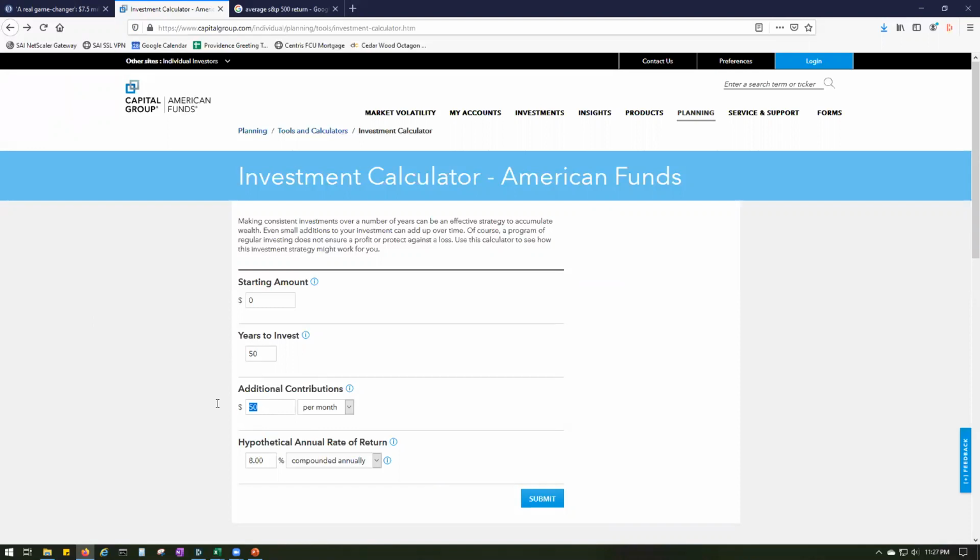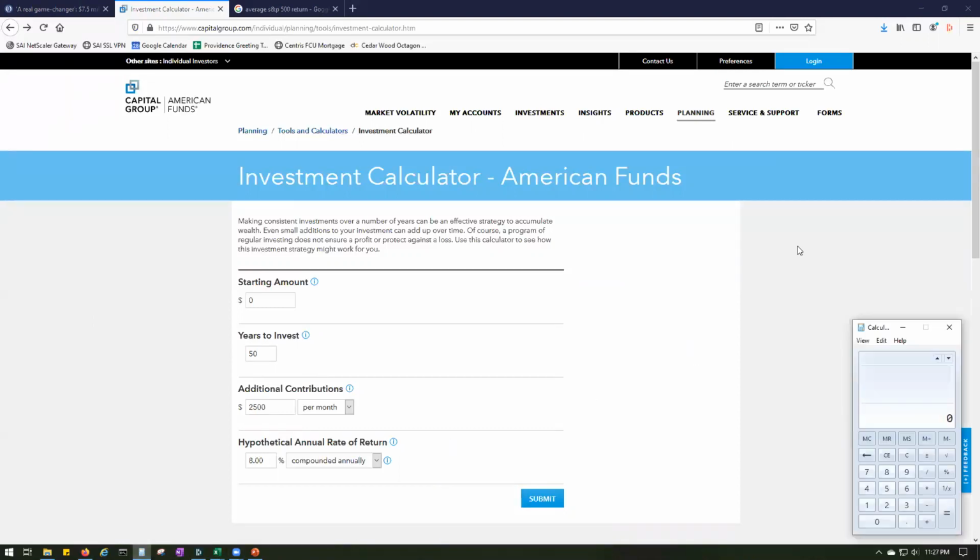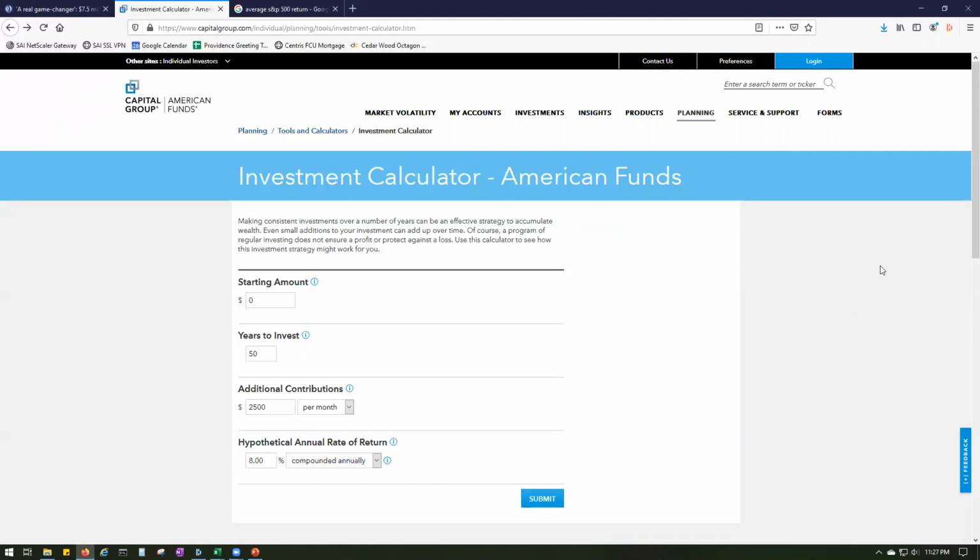And let's say $2,500 a month. $2,500 times 12, that's $30,000 a year. If you're completely out of debt, including your mortgage, that's definitely within the realm of possibility. I don't know what she made, and of course it's none of my business, but I'm just thinking out loud here.